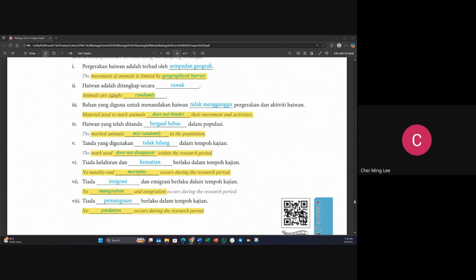Second, the animals are caught randomly. Okay, we assume so, but normally, do we catch randomly? No, there are several stations normally, so this is not random. If it were random, it would be like a drone coming in, catching one place, then a second place, like that. And then the material used to mark does not hinder their movement and activity.